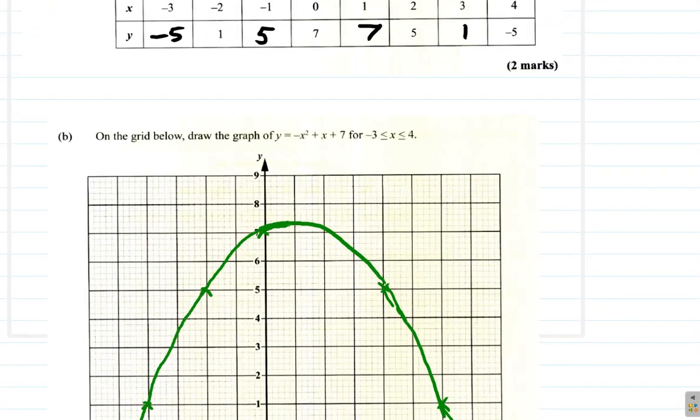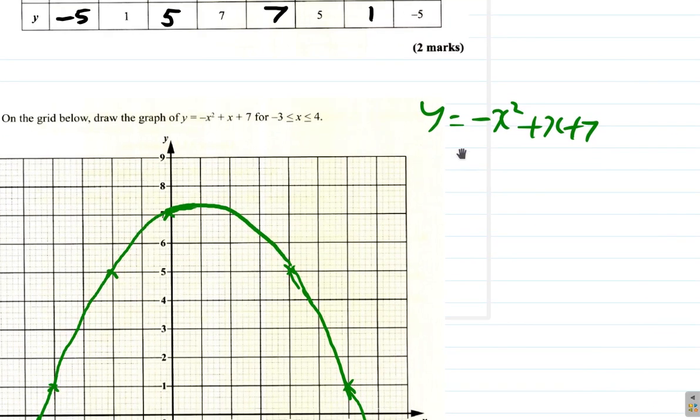Now, let's look back at the equation. It's y equals negative x squared plus x plus 7. The equation of the axis of symmetry generally is x is equal to negative b over 2a. In this case, remember, a is the number that multiplies x squared, and negative x squared means the same as negative 1 times x squared.